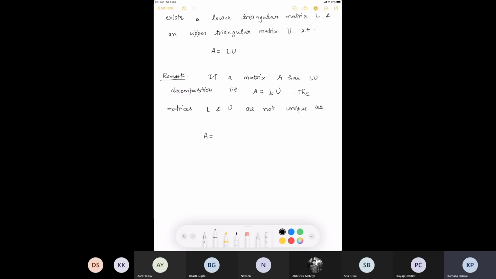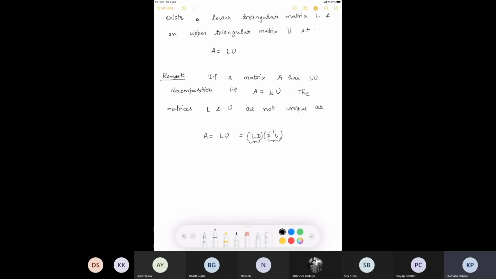If you have A as LU, and I take any invertible diagonal matrix D, I post-multiply L by D, and then multiply D inverse with U. Because if D is an invertible diagonal matrix, then D inverse is also a diagonal matrix. So this still remains a lower triangular matrix, and this still remains an upper triangular matrix.